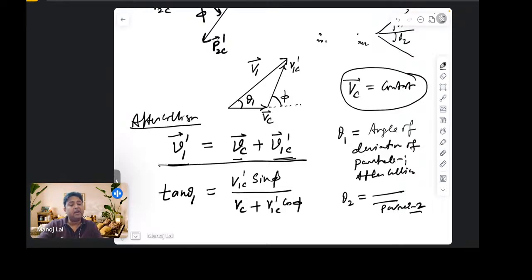So remember here, phi is the angle of scattering. This is the angle through which the momentum vector of each particle rotates in the center of mass frame after collision. And both particles 1 and 2 rotate by the same scattering angle phi. But in the ground frame or lab frame, these deviations are different, theta 1 and theta 2.